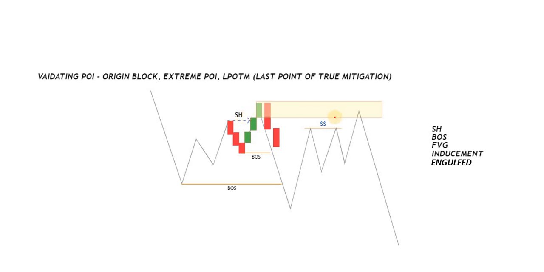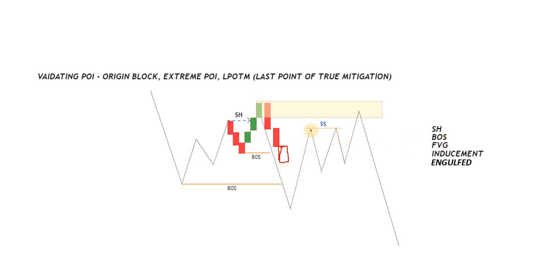That block must have grabbed liquidity. After grabbing the liquidity, that block should break structure to the downside. Possibly we have another candle that should really show the break of structure to the downside.